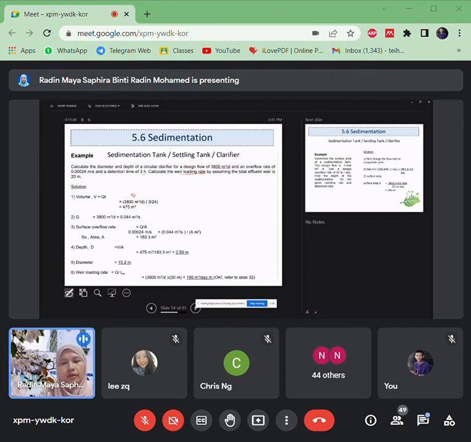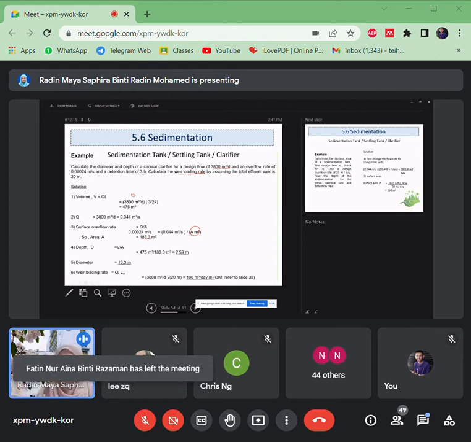So from here you can calculate the area, 183.3. From the area you can get the depth, 2.59 meter, and the diameter, 15.3 meter. Then the weir loading rate is Q divided by L, where L is the length. Total effluent weir is 20 meter.